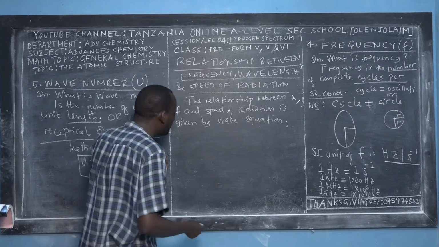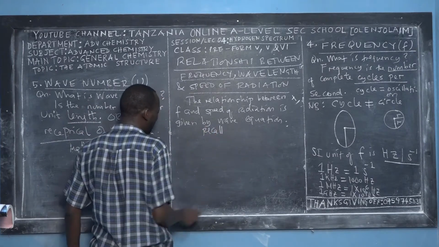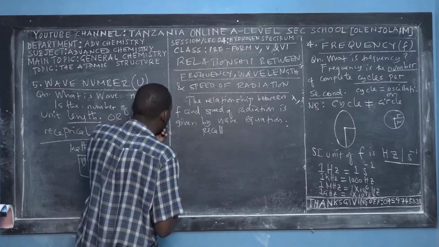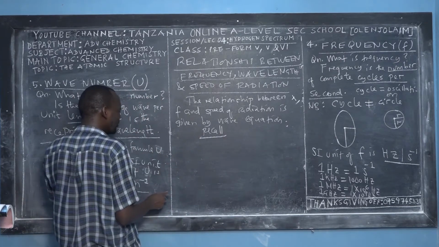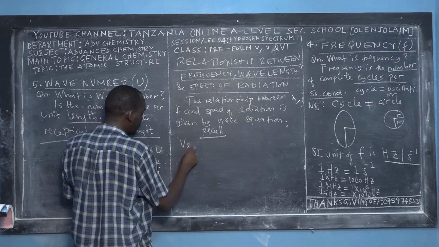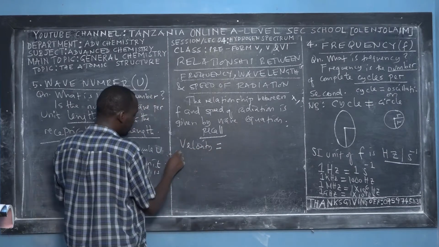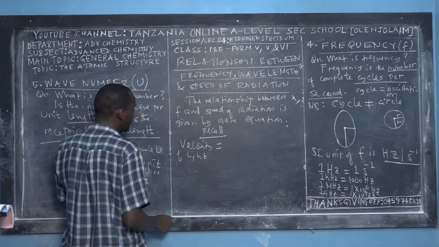During your Form 4, if you remember, we taught you how to think in terms of waves, first of all by having the fundamental formula: velocity of the light is equal to what?